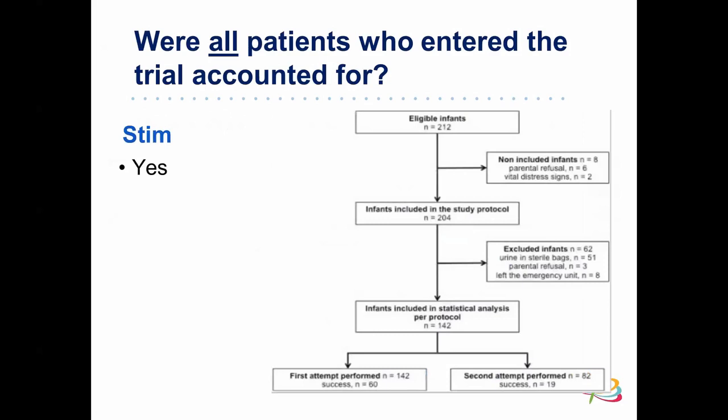And then the ones that they actually statistically analyzed was only 142, because 51 had urinated in the sterile bag between trial 1 and the second attempt, or they might have left the emergency department during that 30 minutes, or there was parental refusal not to attempt the second try. If they didn't get a second try, then they weren't included for statistical analysis. And then our success rates and our second attempt performance were measured.